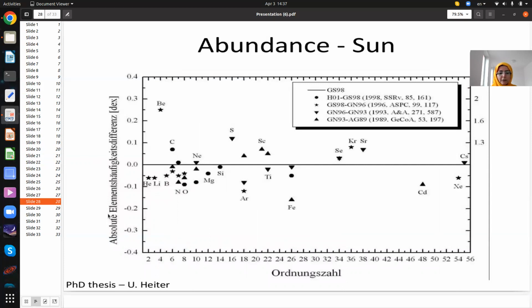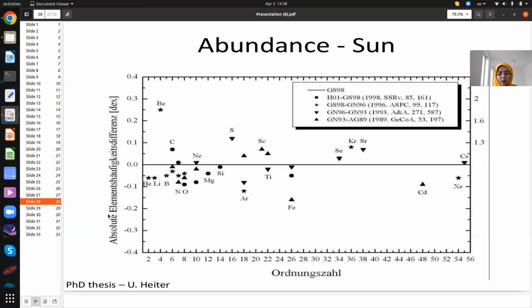Here you see that if the element abundance value in the sun changes, the value in star clusters will be changed. The abundance in the sun depends on different methods and different stellar atmospheres. It is not stable. Because we measure the values of elements in other star clusters relative to the sun, the base is the sun.